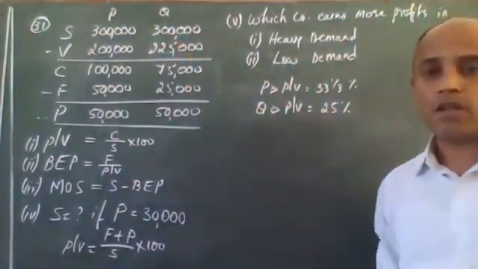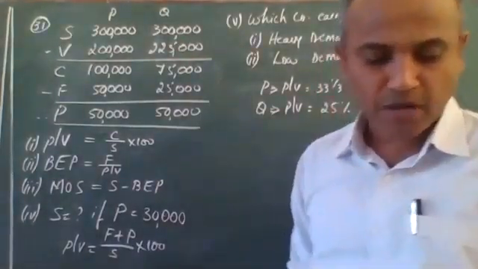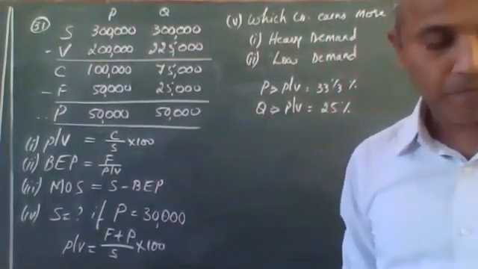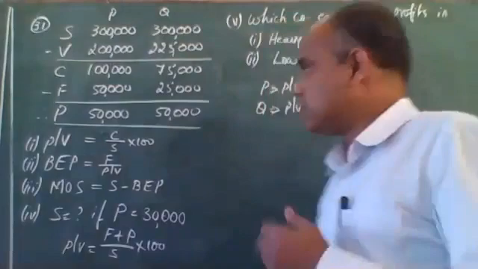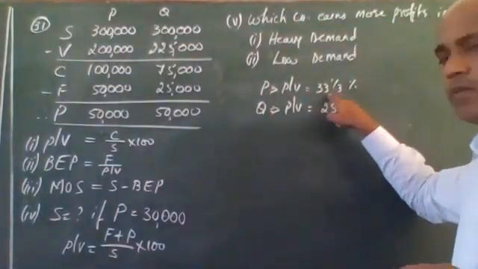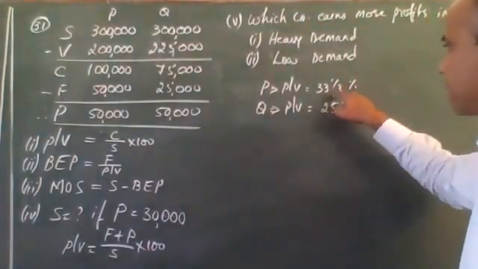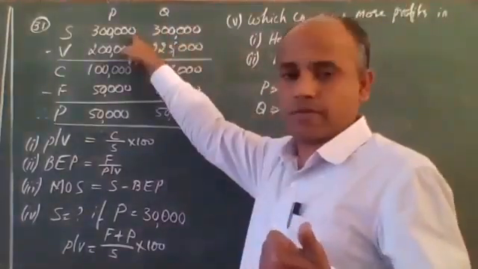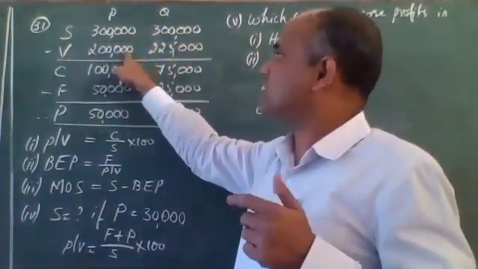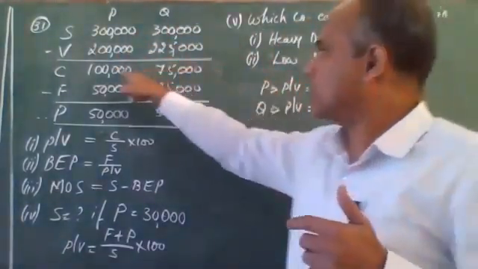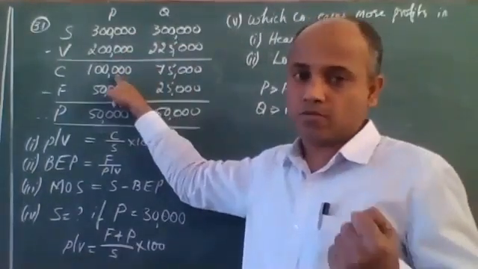So what we should understand from this particular point. Let us see. 33 1/3% means if you sell 100 rupees, you are spending 67 rupees towards the cost. So 33 rupees you are having as contribution.